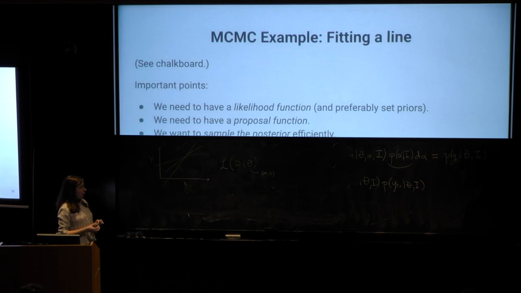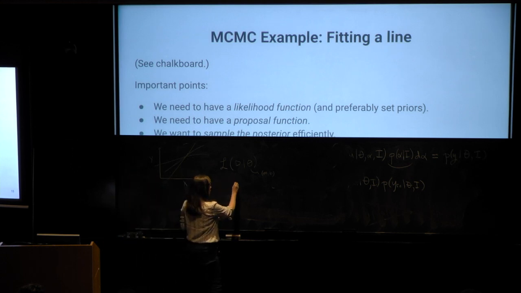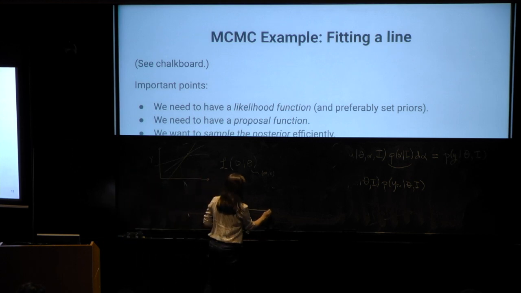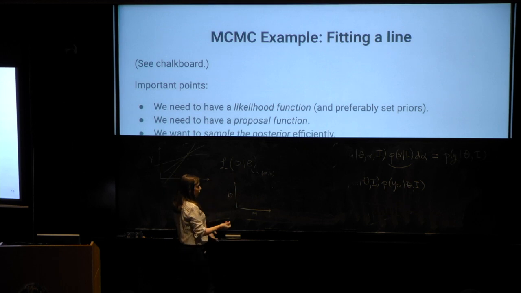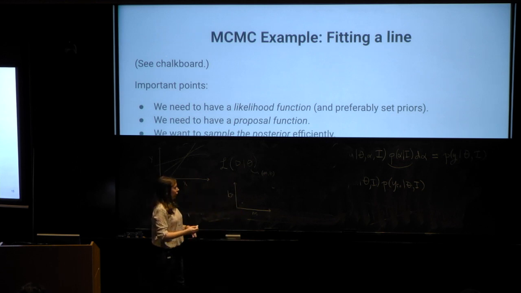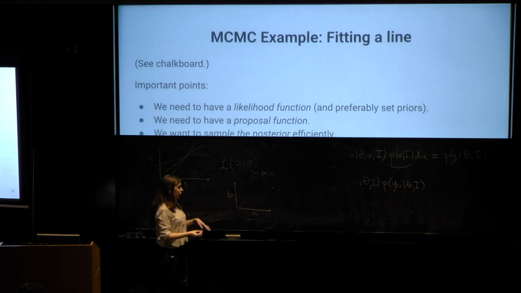So if I wanted to, what I could do is just take a bunch of different values of M and of B. I could grid this up, and I could calculate at any given M and B, what is the value of the likelihood function. So I could go through and just calculate for lots of different M's and B's, what is the likelihood here?